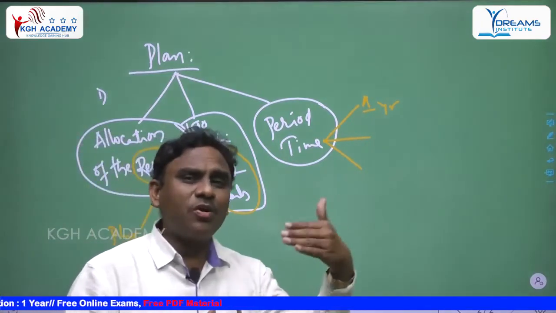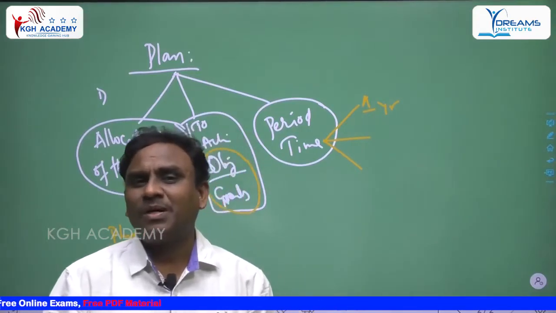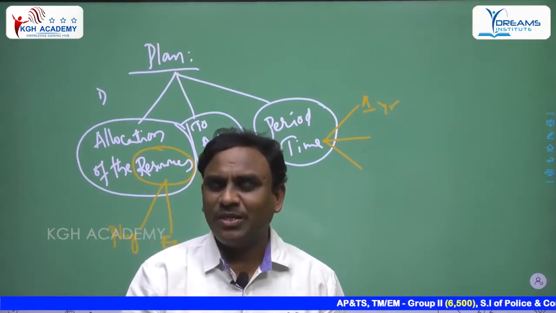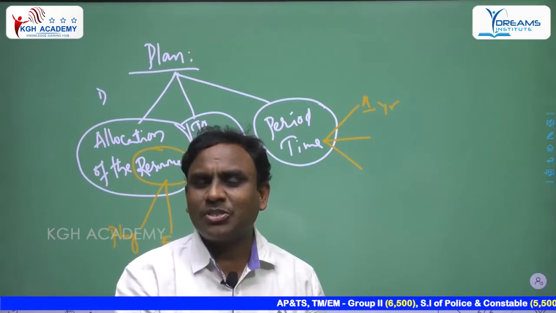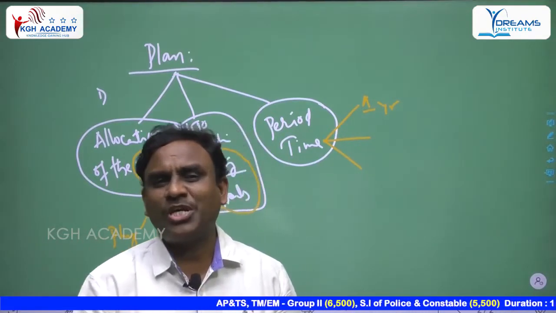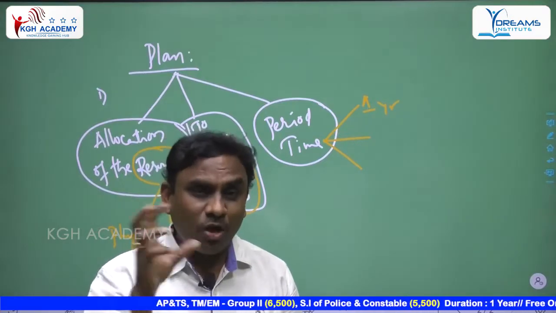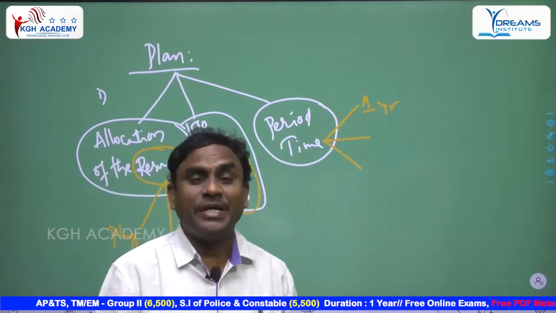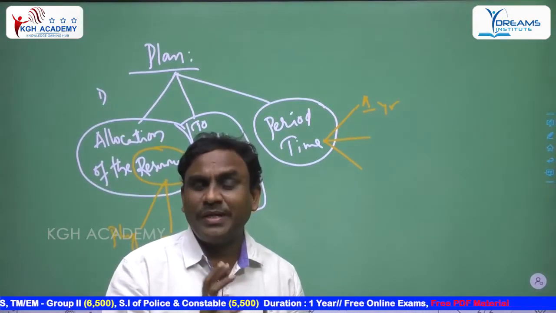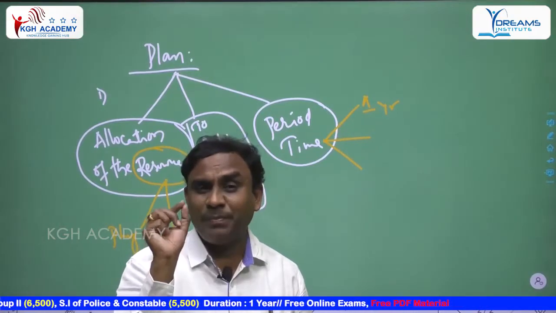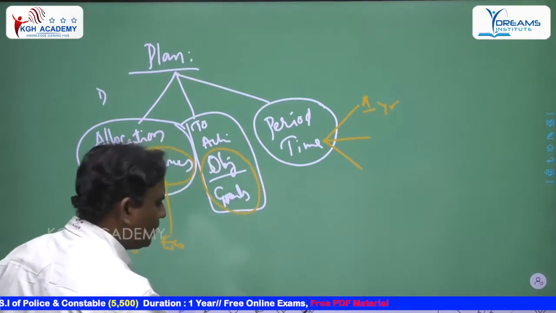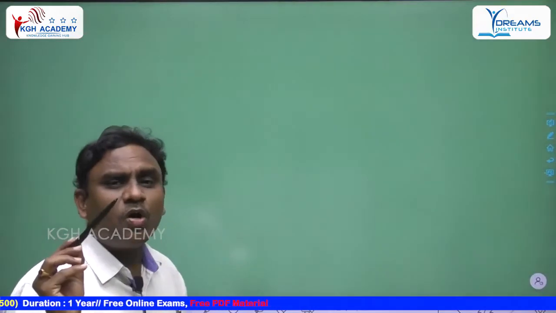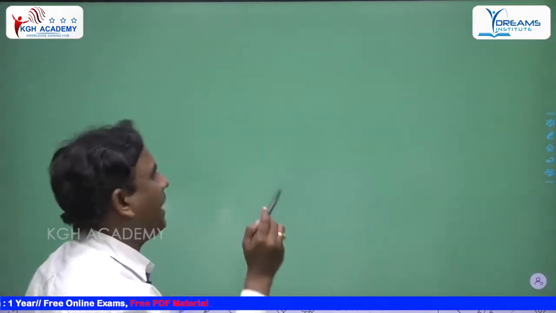If the system of the economy is dynamic, automatically that impacts the objectives or goals. If the economy is traditionally static, then the objectives will be different. Means the objectives or goals are based on the nature of the economy and the nature of the issues. The nature of the economy is the main thing. Next, we are going to discuss the types of the plan.